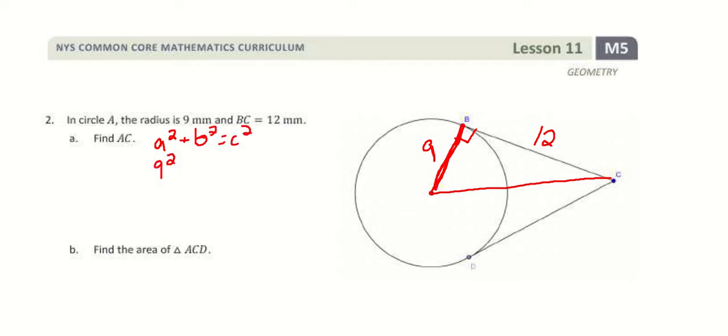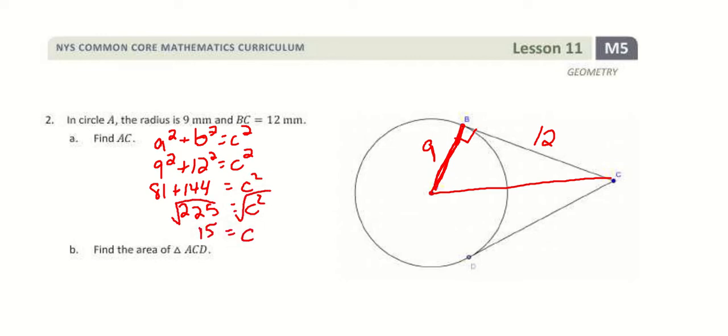So 9 squared plus 12 squared. And this is 144 plus 81, which is 225. And then when we take the square root of that, we should get good old 15. And by the way, this is a 3, 4, 5 right triangle, but everything is just multiplied by 3. So keep that in mind.